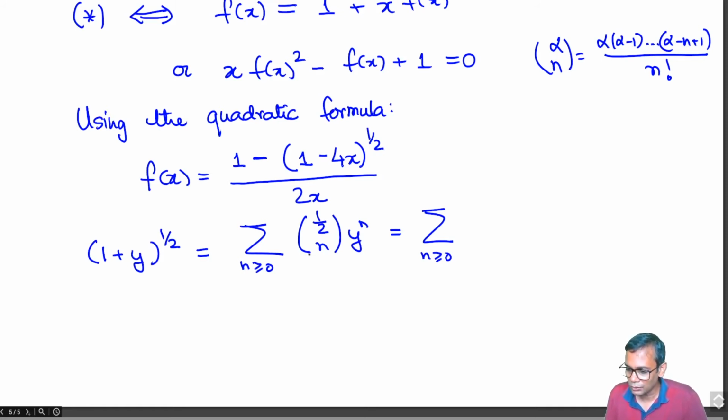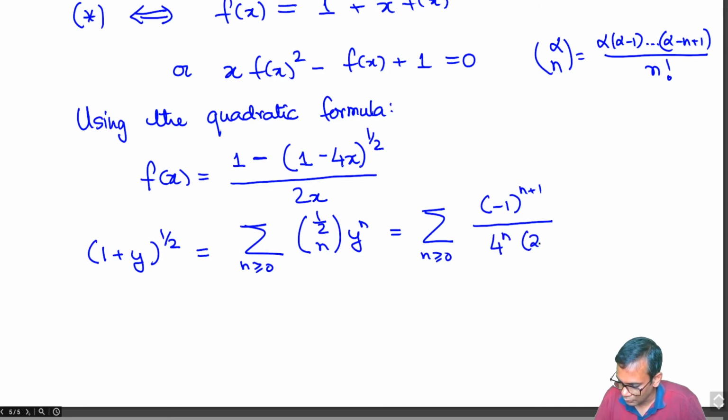And if you work out what this means, you will see that this is minus 1 to the power n plus 1, divided by 4 to the power n times 2n minus 1, and then we get 2n choose n, y to the power n. Okay, so you just need to work it out.